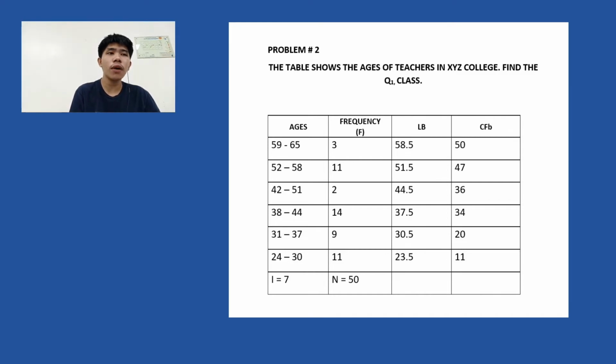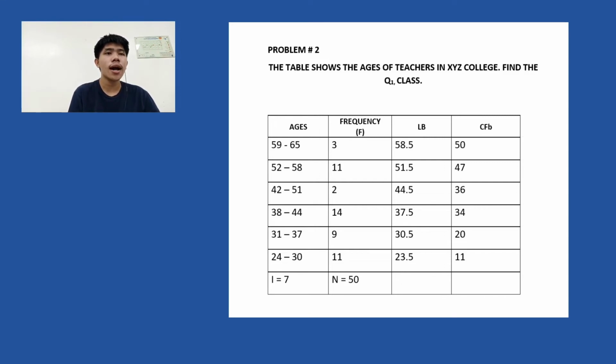Now, to get the next value of our CFB, we would simply add CFB to the next frequency. So the next frequency above it is 9. Now 11 added by 9 is 20. Next we will do the same thing, adding 20 to the next frequency.